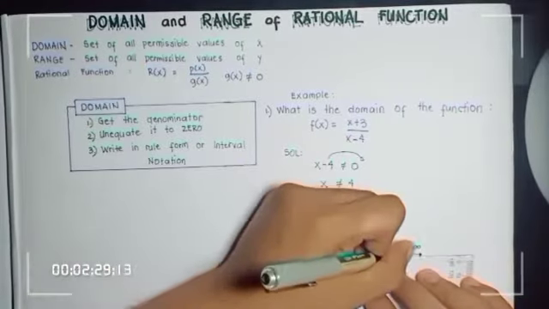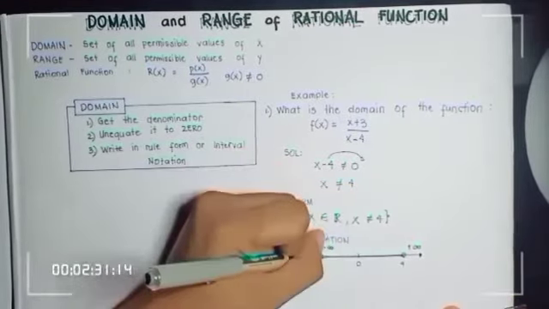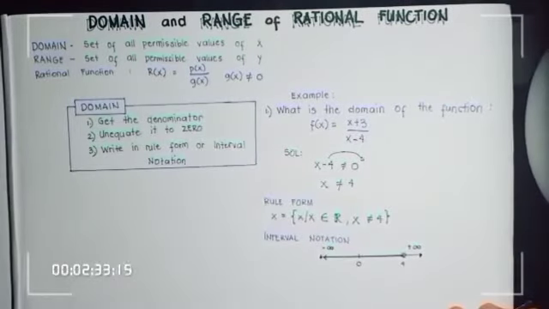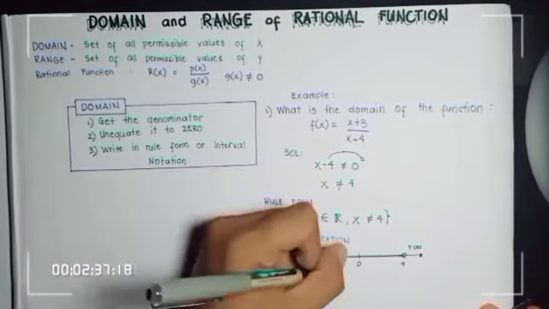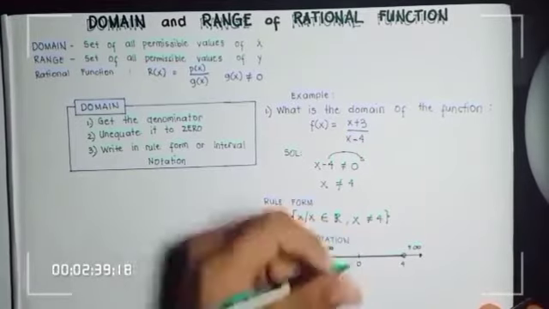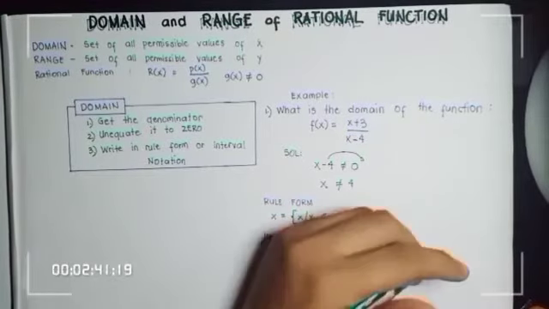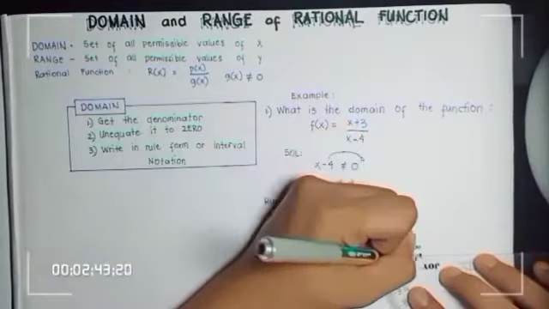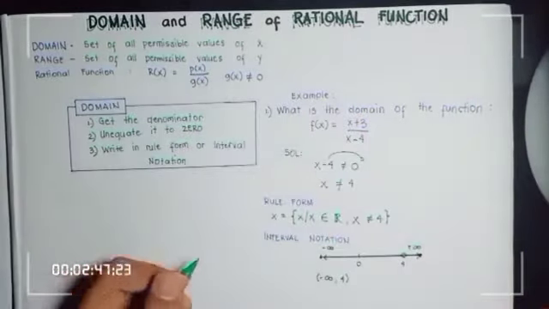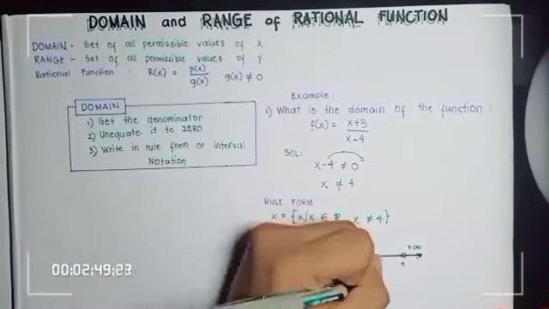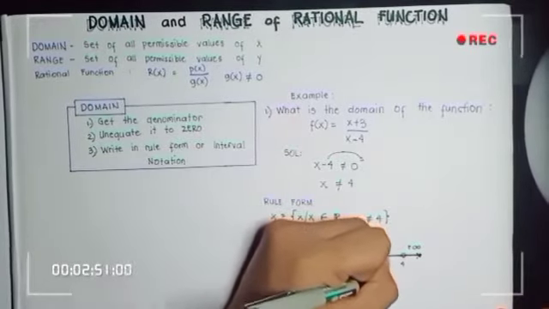And we use open circle for positive 4. Now, at the left is negative infinity, and we use open parenthesis. And we have 4. And at the right of 4 is 4 to positive infinity.